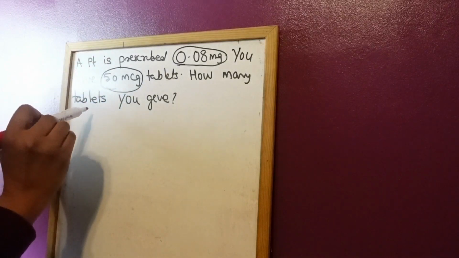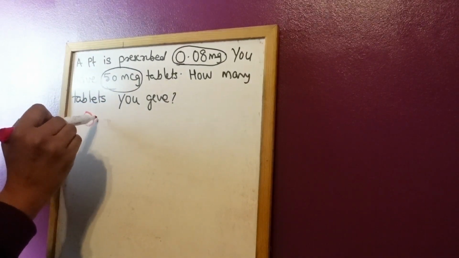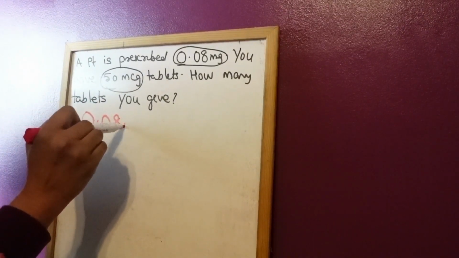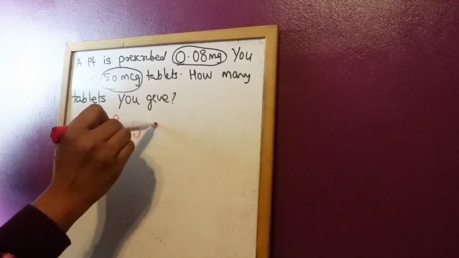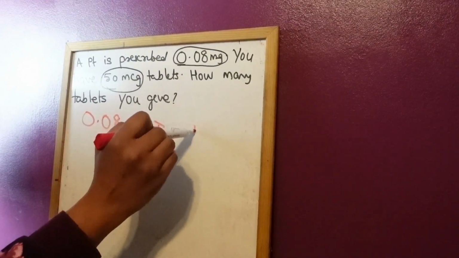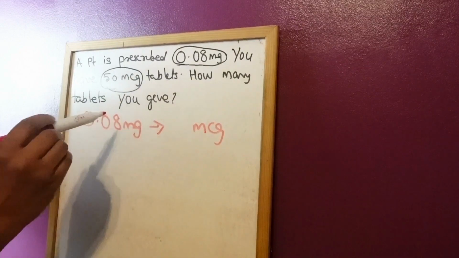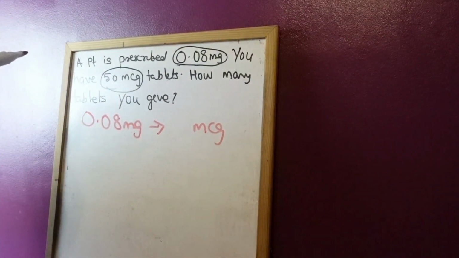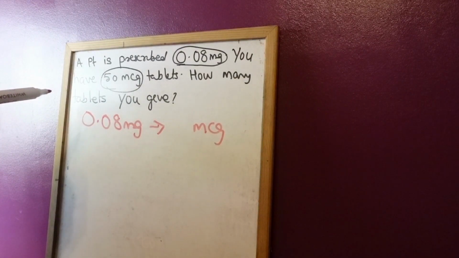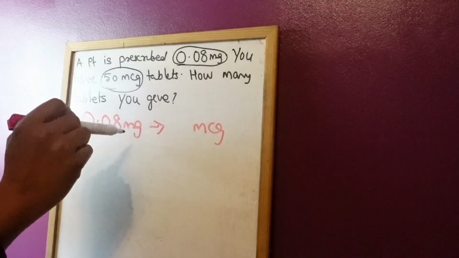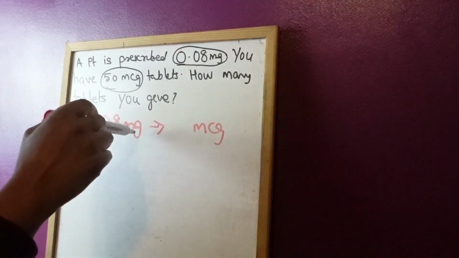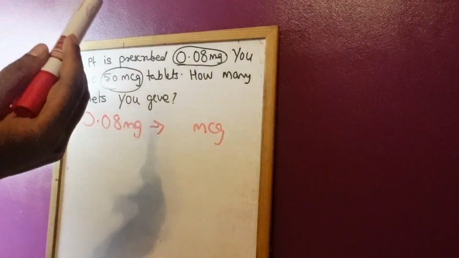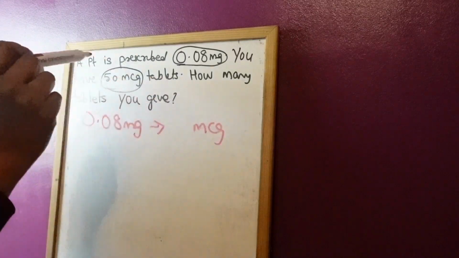So if you convert, my formula, 0.08 milligram to microgram means you have to go from the higher number to the smaller number.